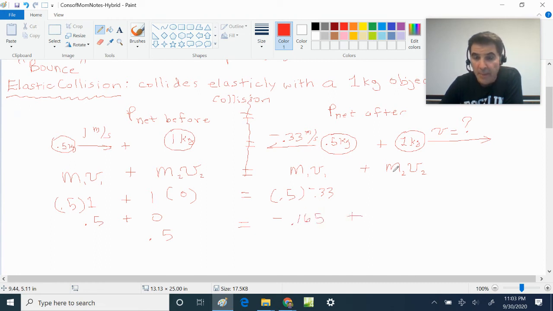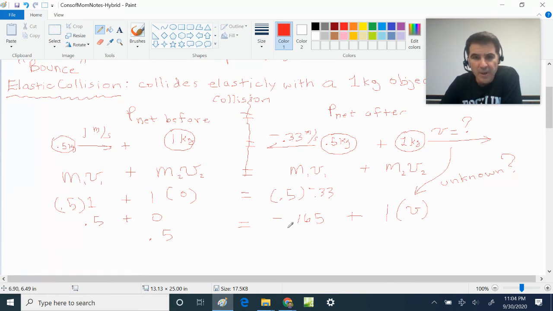Plus my mass that's unknown, that's 1, 1 times V, and V is my question. I'm trying to find that. That's my unknown, and your unknown should always remain as the unknown variable in the question. So I filled in everything except for my one unknown.